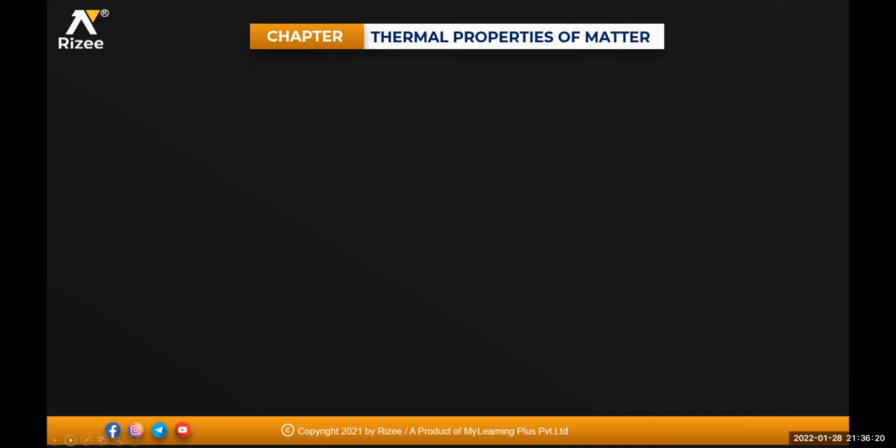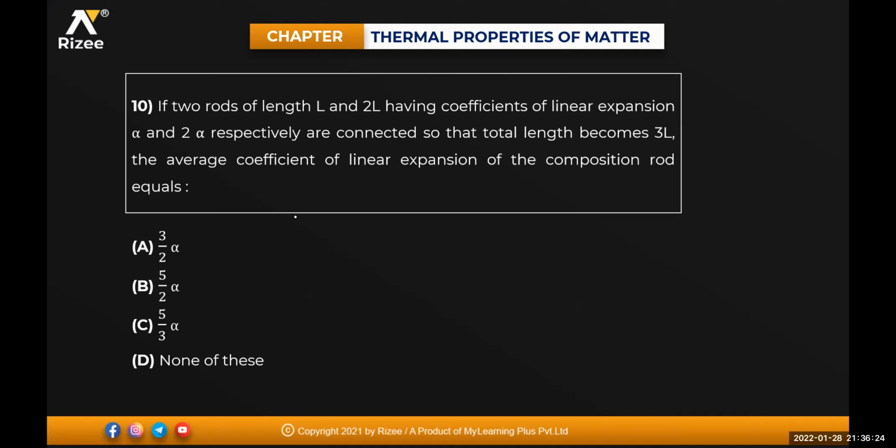Sure. Next one. हो गया क्या? Yeah. If two rods of length L and 2L having the coefficient of linear expansion alpha and 2 alpha are connected so that the total length becomes 3L, the average coefficient of linear expansion of the composite rod will be equal to your how much?